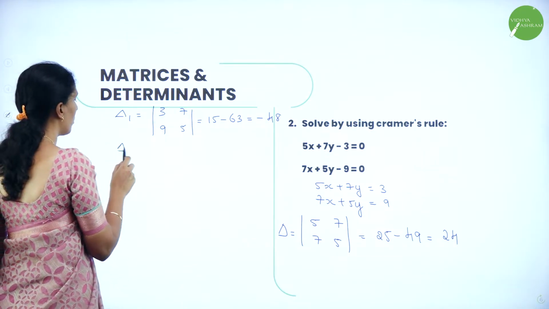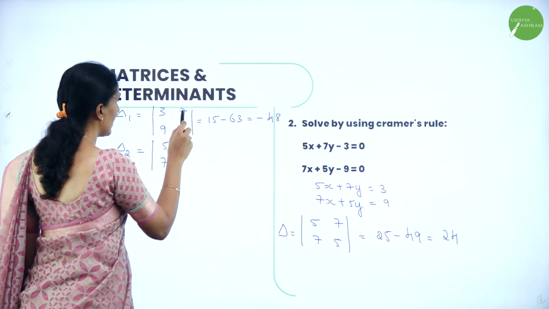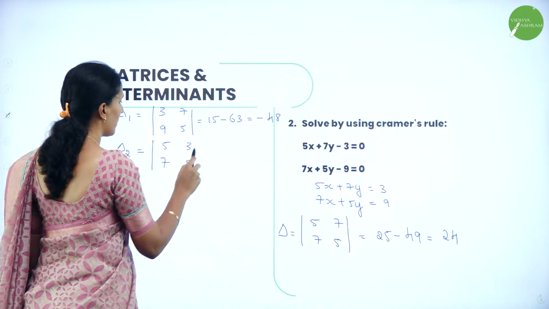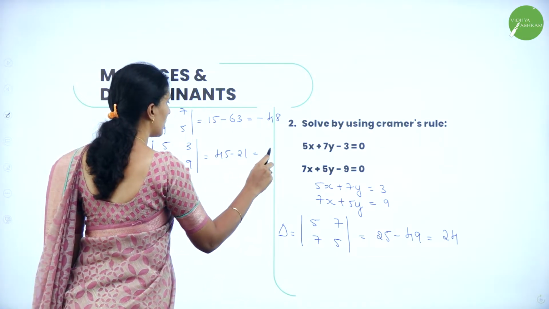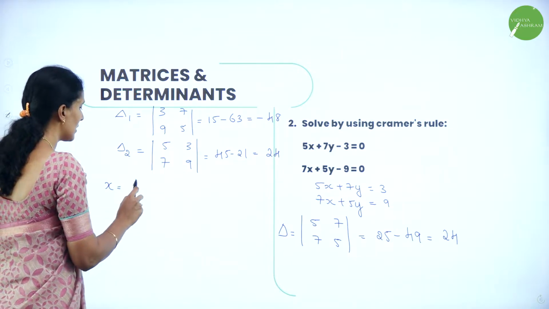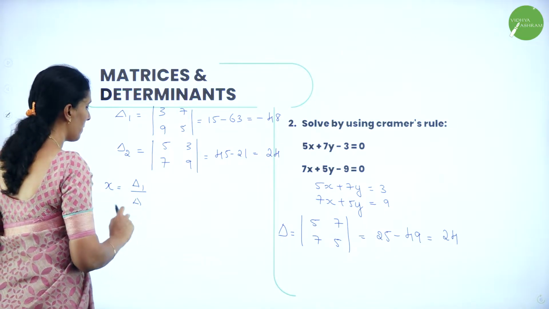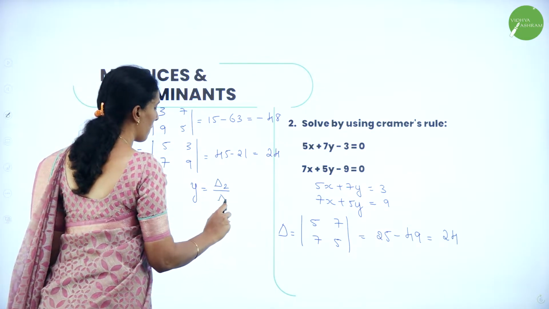Next, let's take it for delta 2. So write 5, 7 as it is. Replace 7, 5 with 3, 9. So 45 minus 21, that is equal to 24. So for x it is delta 1 by delta and for y it is delta 2 by delta.